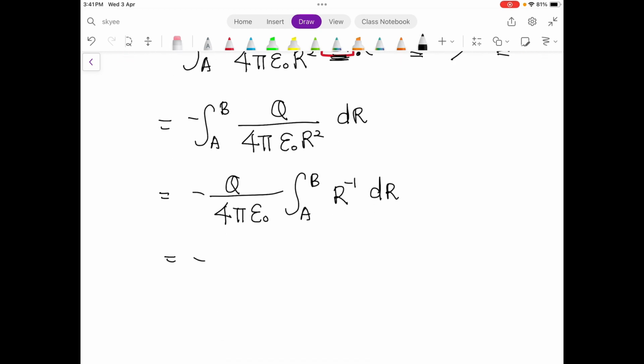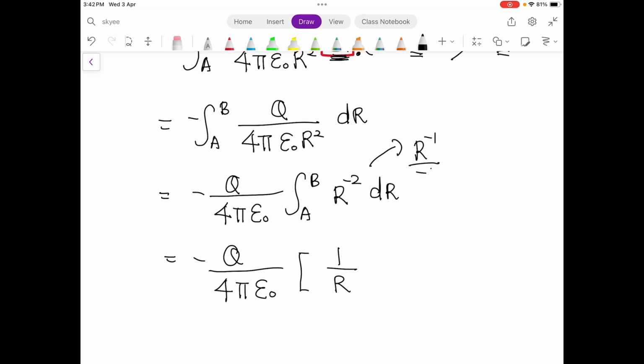So you will get negative Q over 4 pi epsilon naught. Integrate R to the negative 2, you get R to the negative 1, and then divide by negative 1.